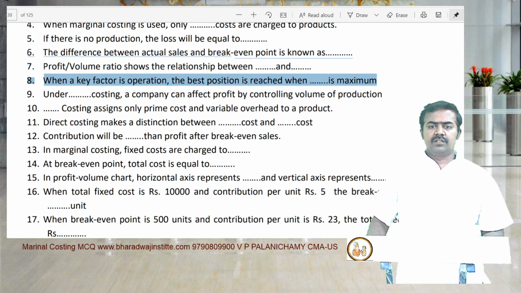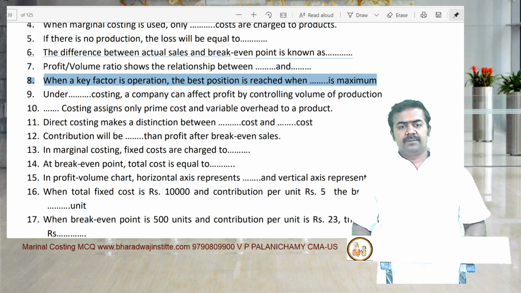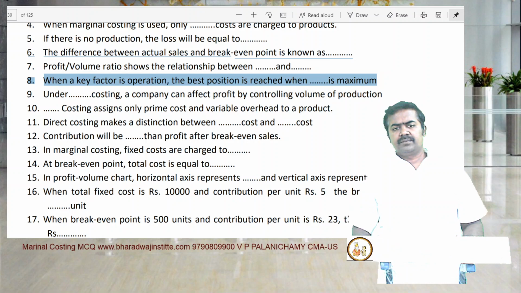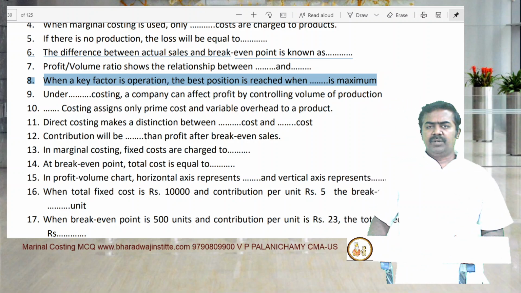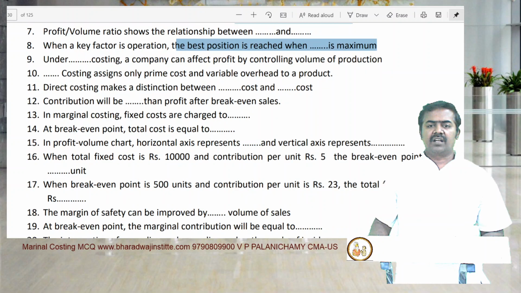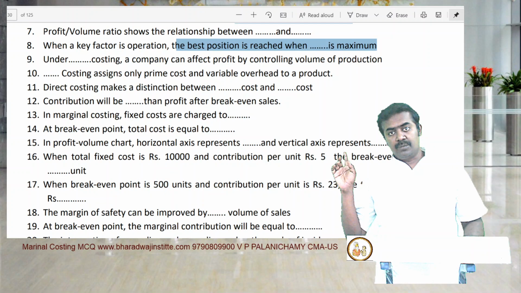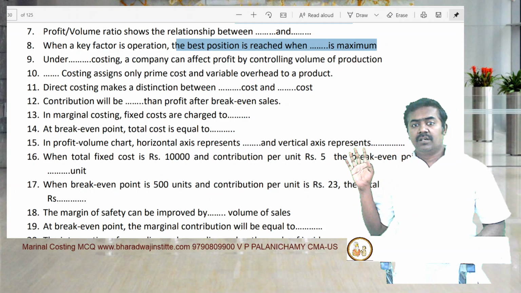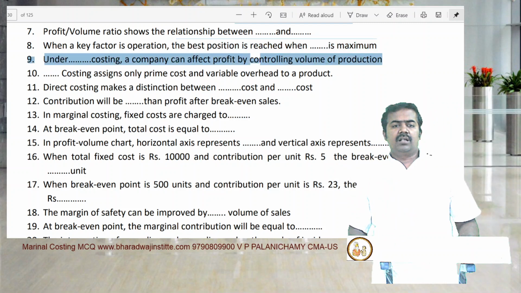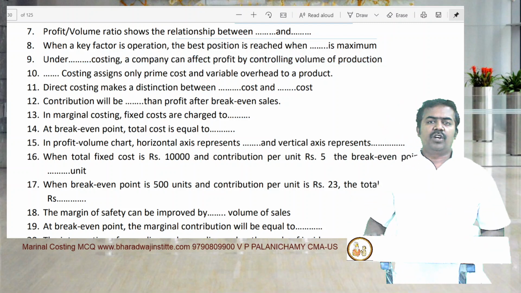When key factor is operation, we had seen key factor, how we rank the product based on contribution per unit of key factor. So best position is reached when contribution per unit of key factor is maximum. Under marginal costing, a company can affect the profit by controlling the volume of production.